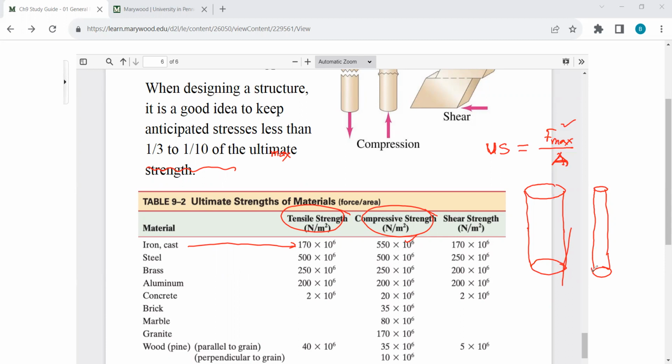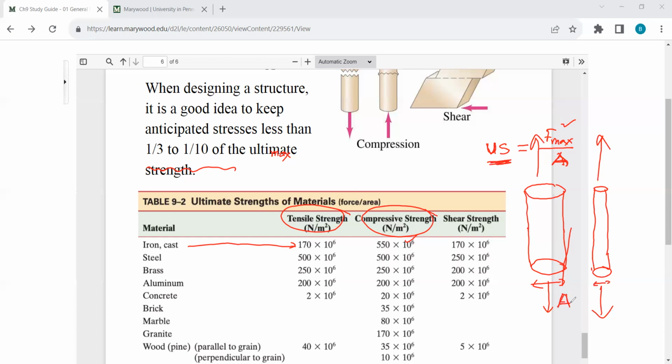Although the ultimate strength is the same, because ultimate strength is basically a property of the material, let's say both are under tension. Then the maximum force will be different for the different objects, because here you see that the cross-sectional area is higher than this one.